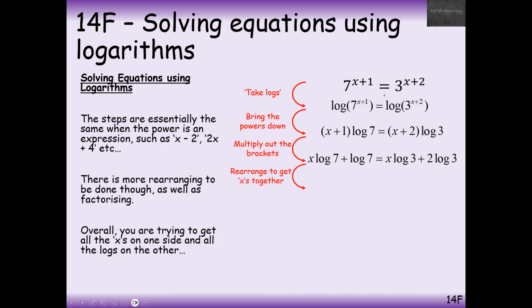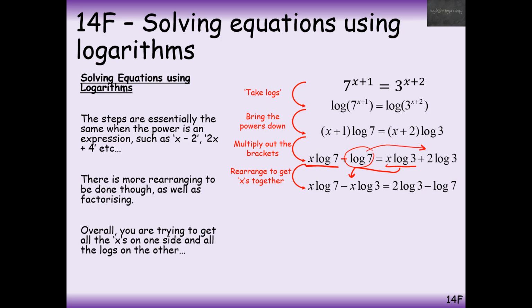Now this term here has an x, and so does this term here. So to rearrange them, we bring them to one side. We subtracted this and brought it here, which means we send this log to the right.